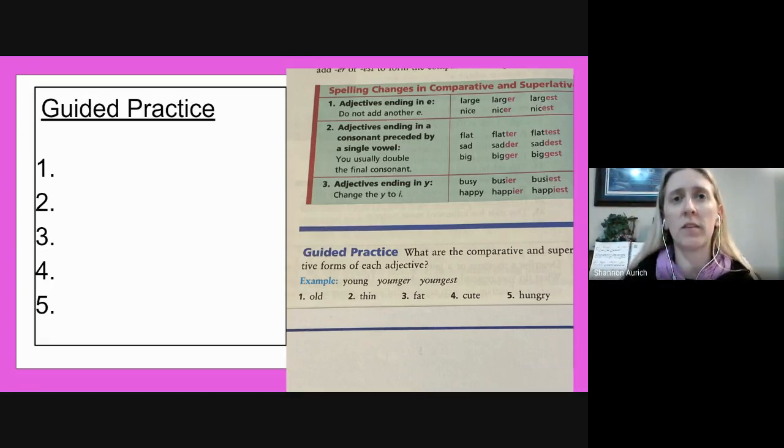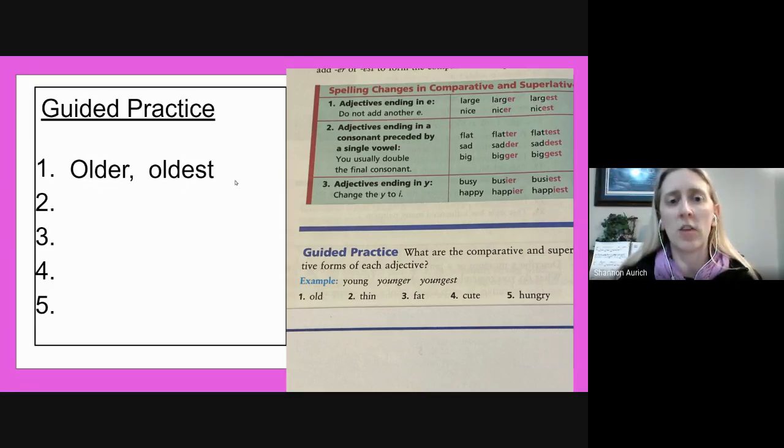And if you're going to say that this basketball is the oldest of all the basketballs in my garage, it would be spelled older, oldest. It ends with an L and then a D, so you have two consonants in a row, so you just add the ER or the EST.